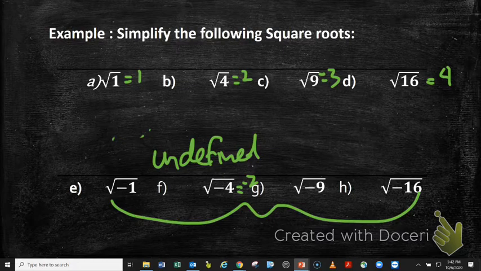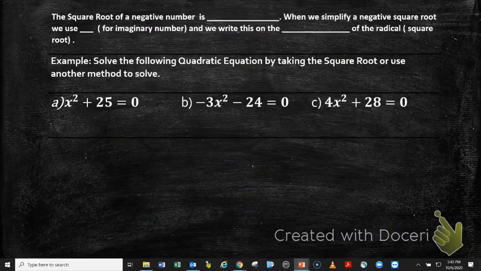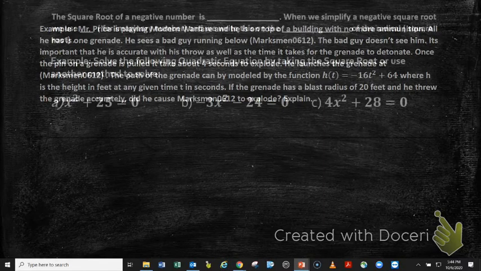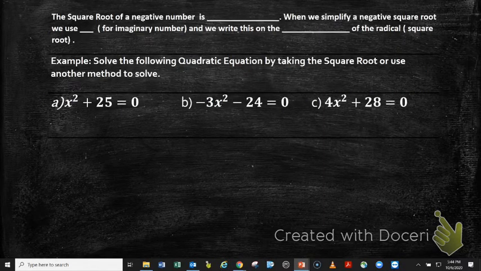So an imaginary number, let's see if I have this on the next slide. So the square root of a negative number is considered imaginary, but they're part of our solutions. We have real and what's called complex solutions, which we'll talk about later.